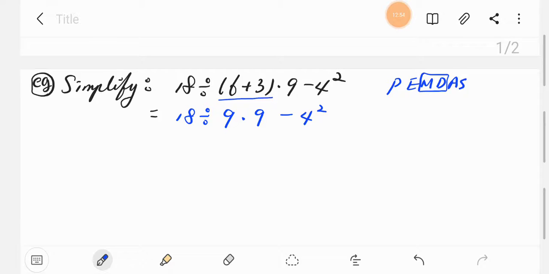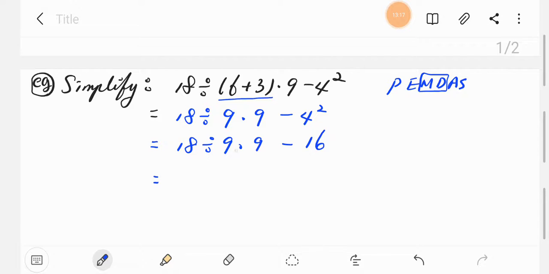Do we have exponential form? Yes, we do. 4 squared. So write 4 squared minus 16, right? All right, then is there any multiplication and division together? Yes, we do.